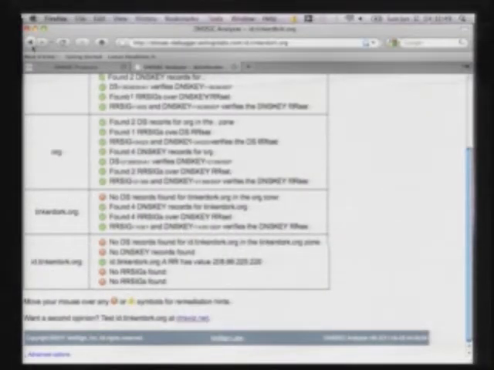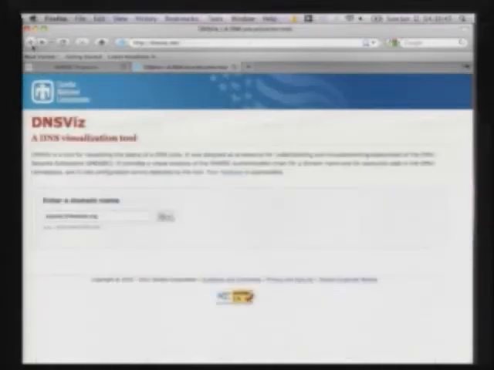Okay. Again, this is where DNSviz combined with dig can help you. So we'll go back to DNSviz and we'll start putting in this one. We'll let it go to work on that.